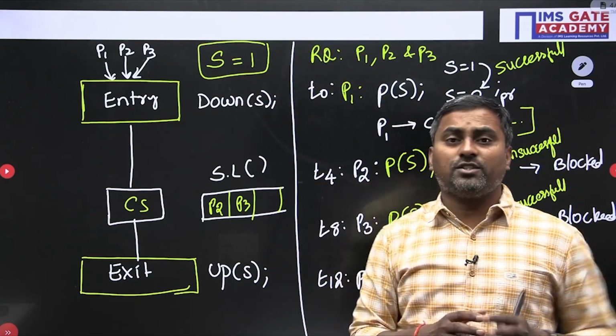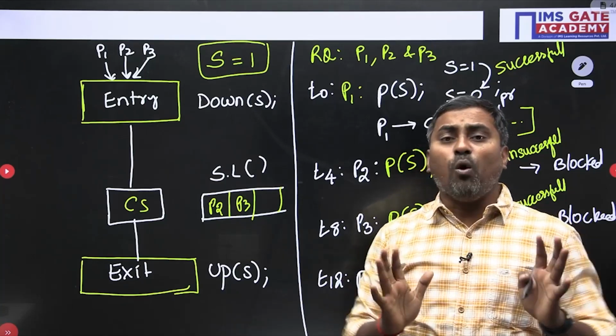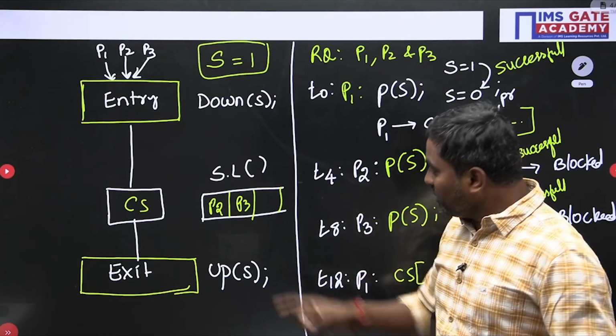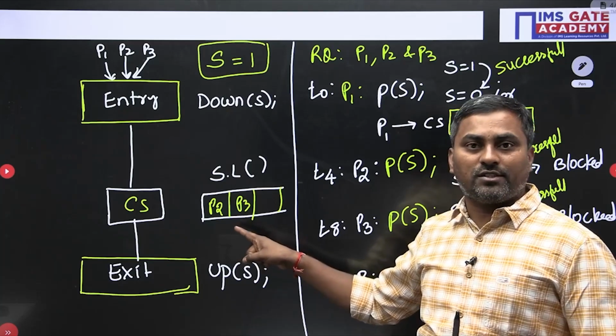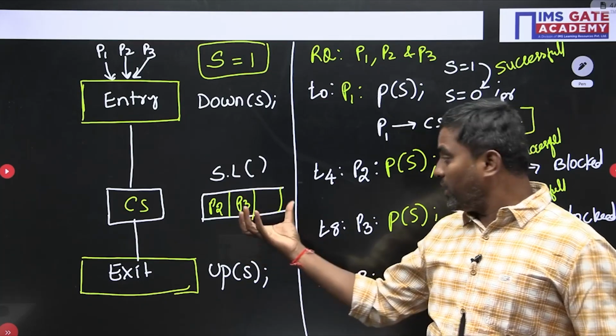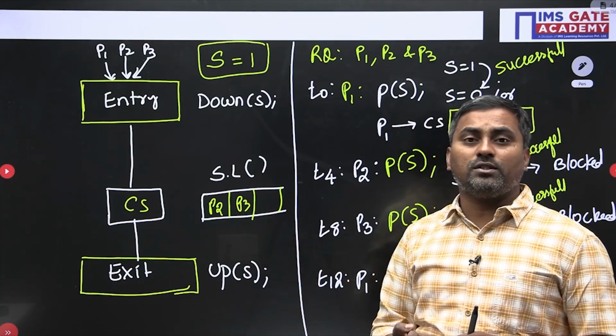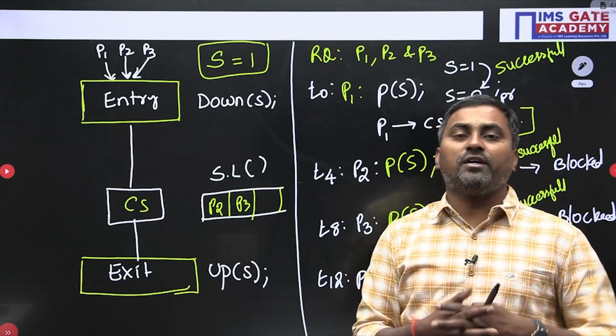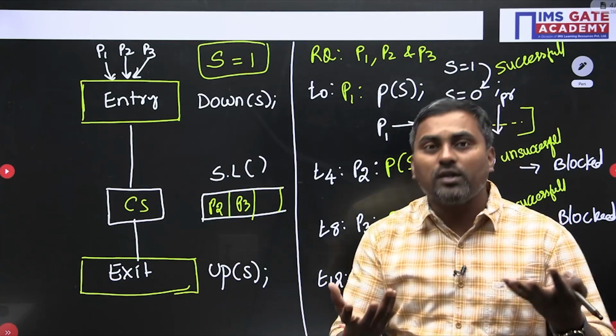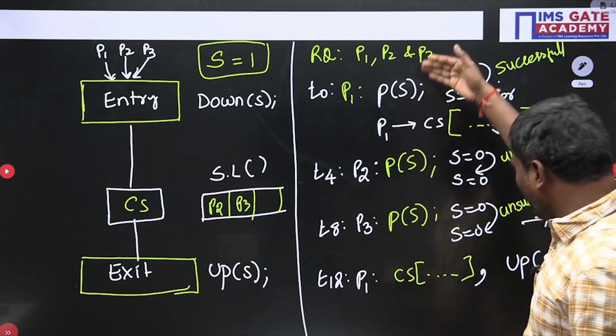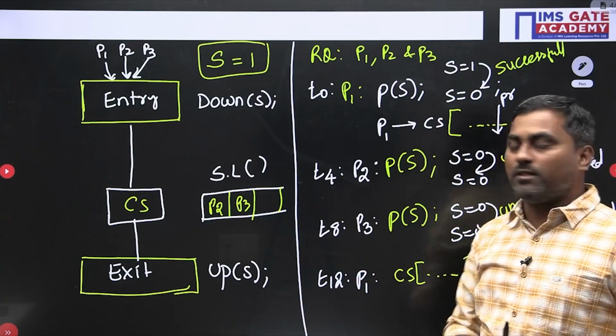Third condition: does it guarantee the bounded wait condition or not? Since we are maintaining a FIFO data structure to maintain the list of blocked processes, it definitely guarantees bounded wait. How to understand, sir? See the scenario.